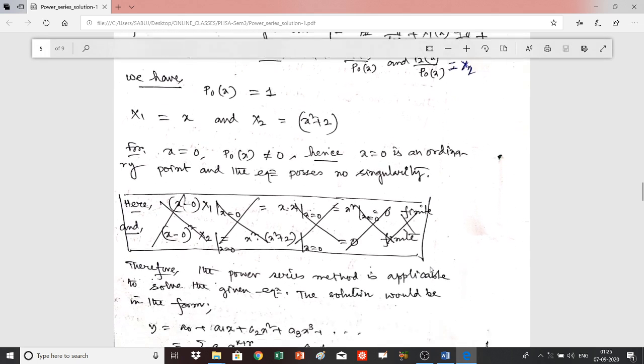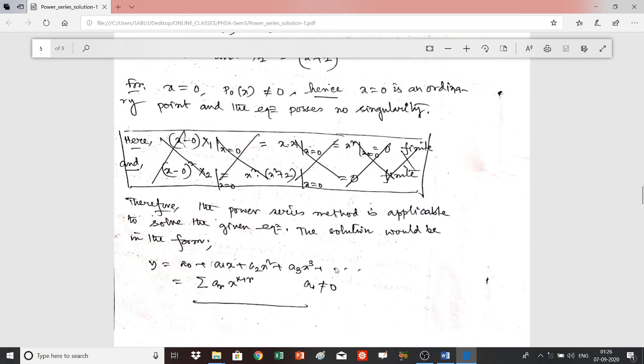Then, how can it be expressed in the power series method? It can be expressed as y is equal to a0 plus a1 x plus a2 x square plus a3 x cube plus and so on, because in this case a is equal to 0.